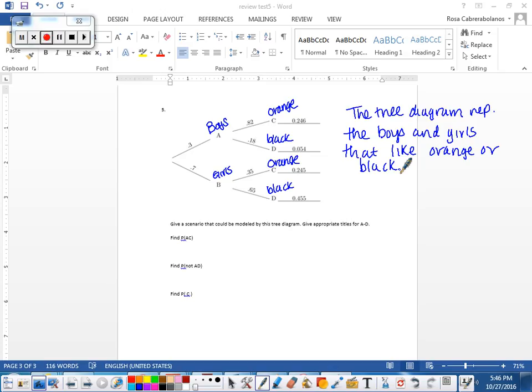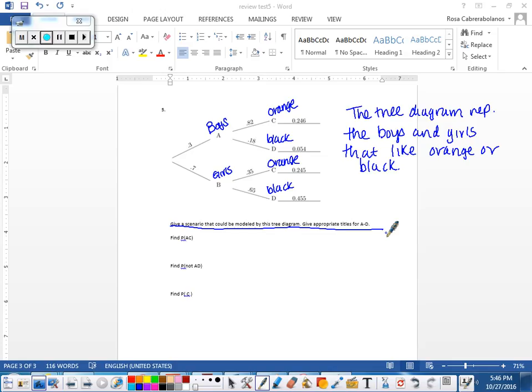I'll take something like that so we don't have to sit here and write for the rest of our lives. That's good enough for the scenario, okay? So I just answered this part. Give a scenario that gives something about this tree.